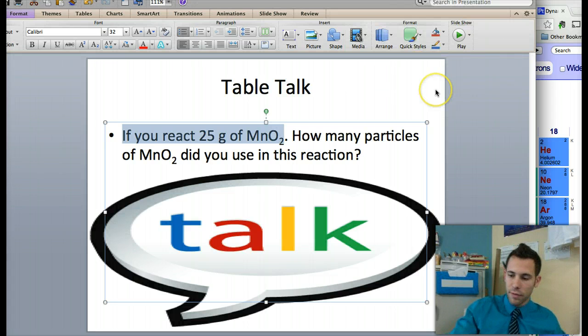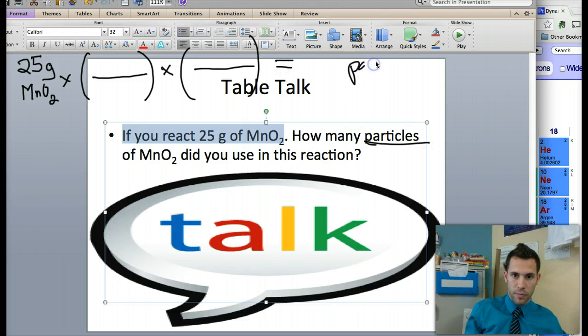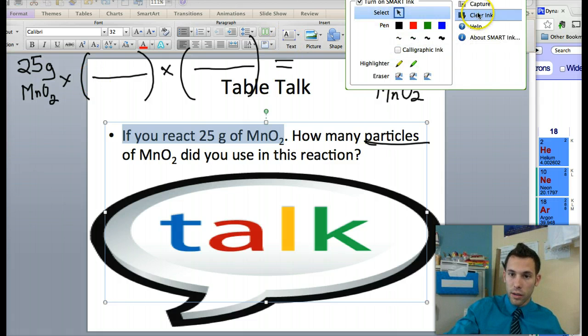And I'm going to start you off by saying 25 grams of MnO2 times this and times that. So there's two conversion factors. You're going to end up with particles of MnO2. Good luck, ladies and gentlemen.